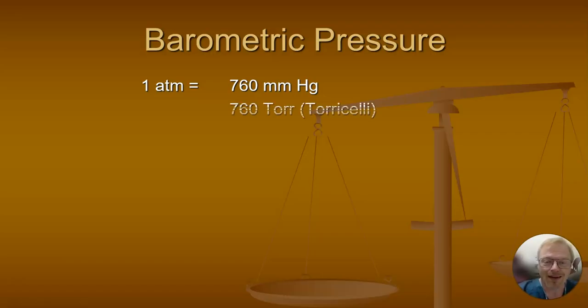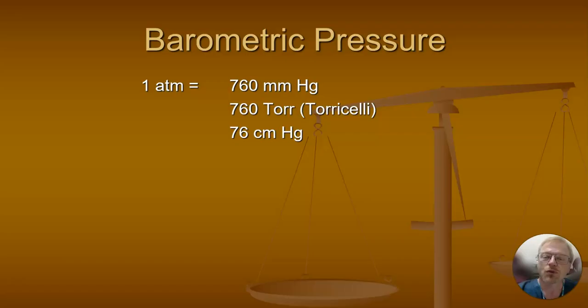We also know that it's the same in torr, named by the Italian scientist after himself, Torricelli. Now we can convert the millimeters of mercury into centimeters of mercury, so it's 76 centimeters of mercury.